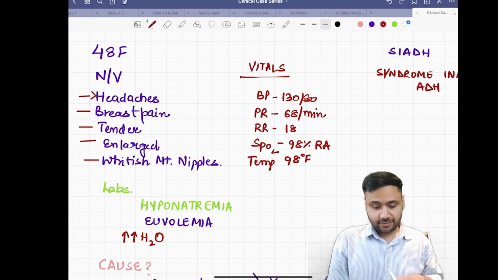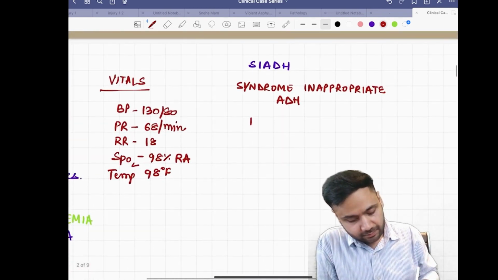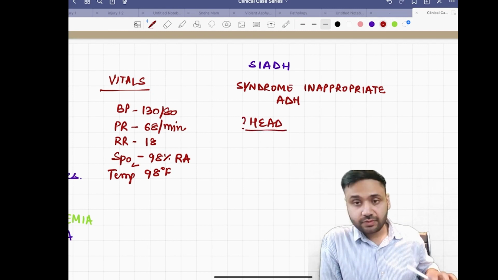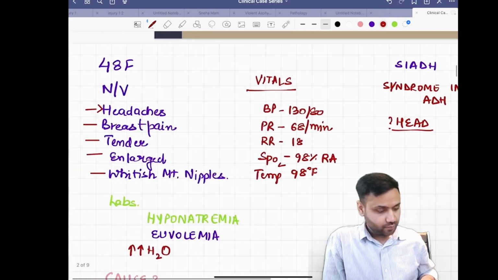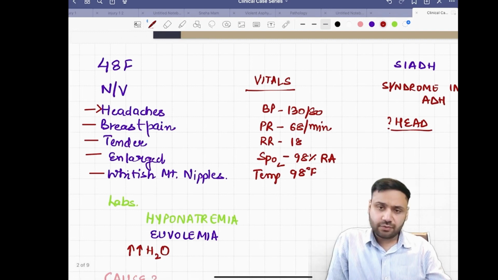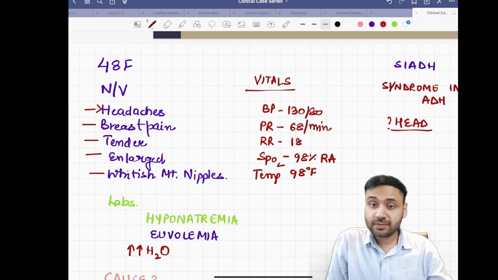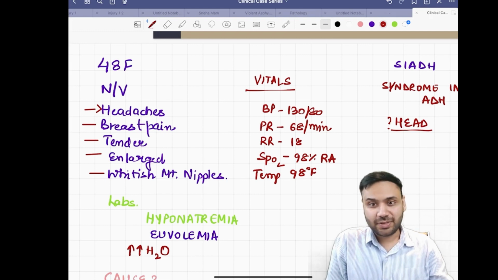If there's a headache, something must be in the head. And what is that? Breasts are painful, tender, enlarged, and a white material. What does that indicate? Galactorrhea.